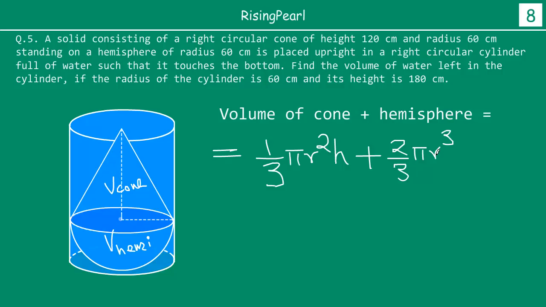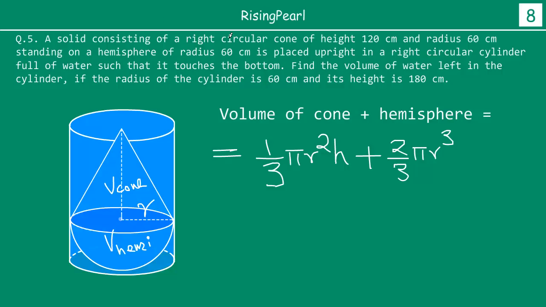This r refers to the radius of the hemisphere, and this r refers to the radius of the cone and the height of the cone. They may not be the same all the time, just an important distinction to make. In this particular case, the radius is the same in both cases. And what is the height?